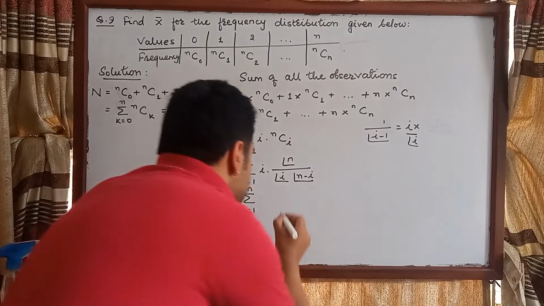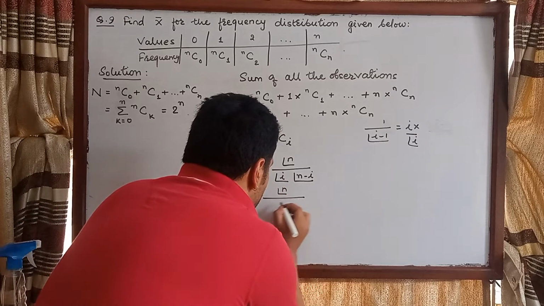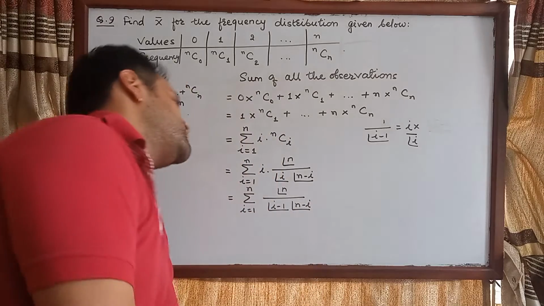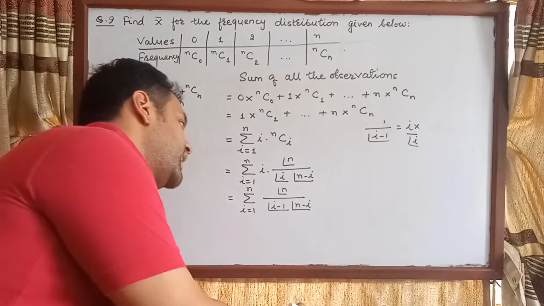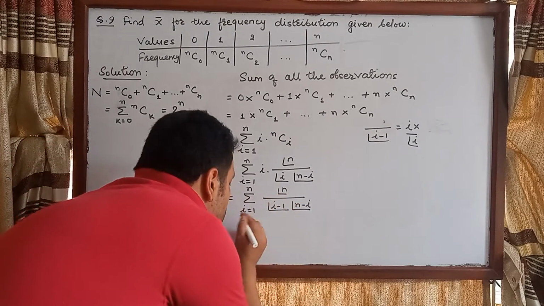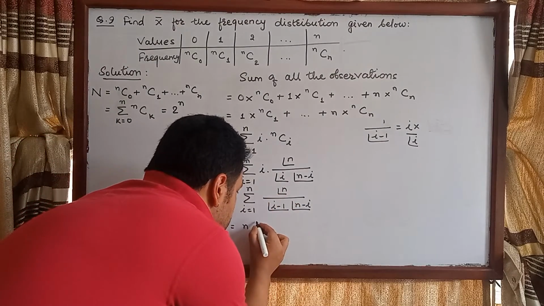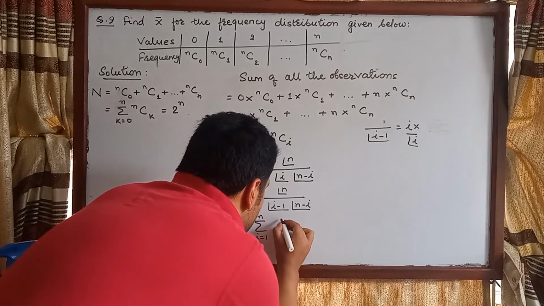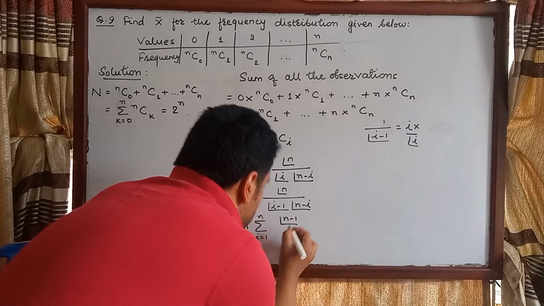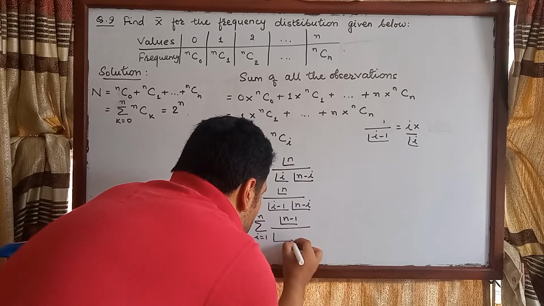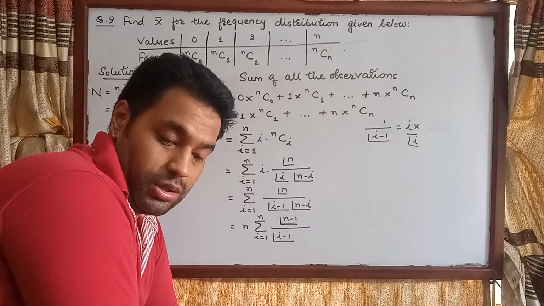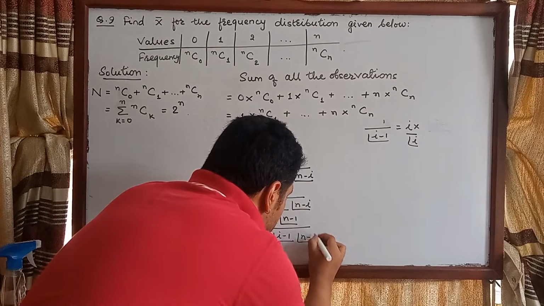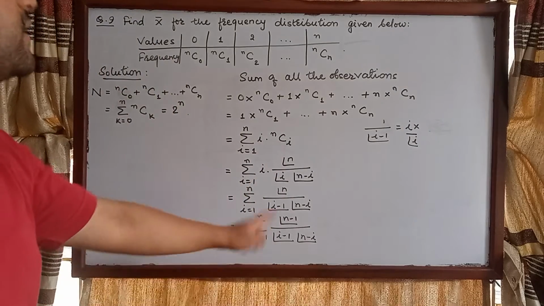So we can write this as n factorial over (i minus 1) factorial times (n minus i) factorial.